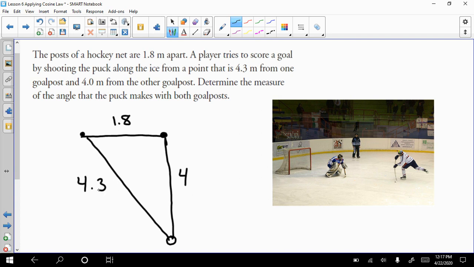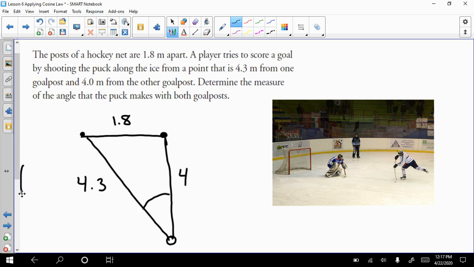My 1.8 should probably be a little bit smaller than that, but essentially these are the distances given. So it says determine the angle that the puck makes with both. So really what they're looking for is that angle right in there.